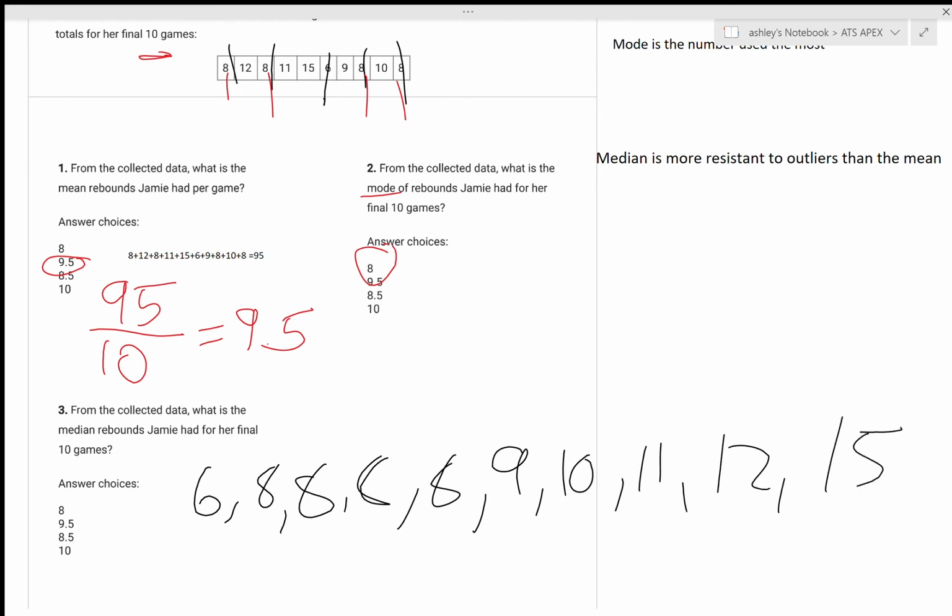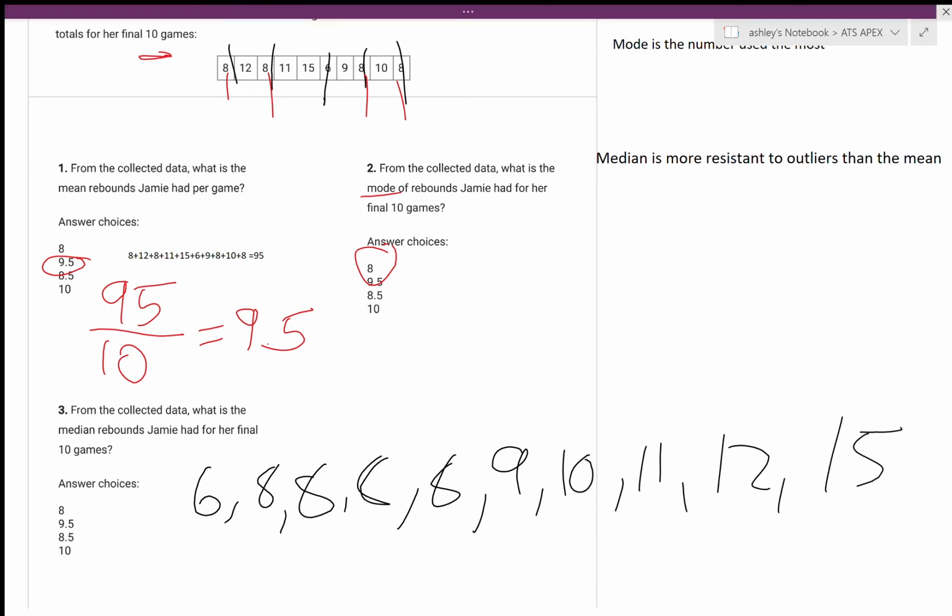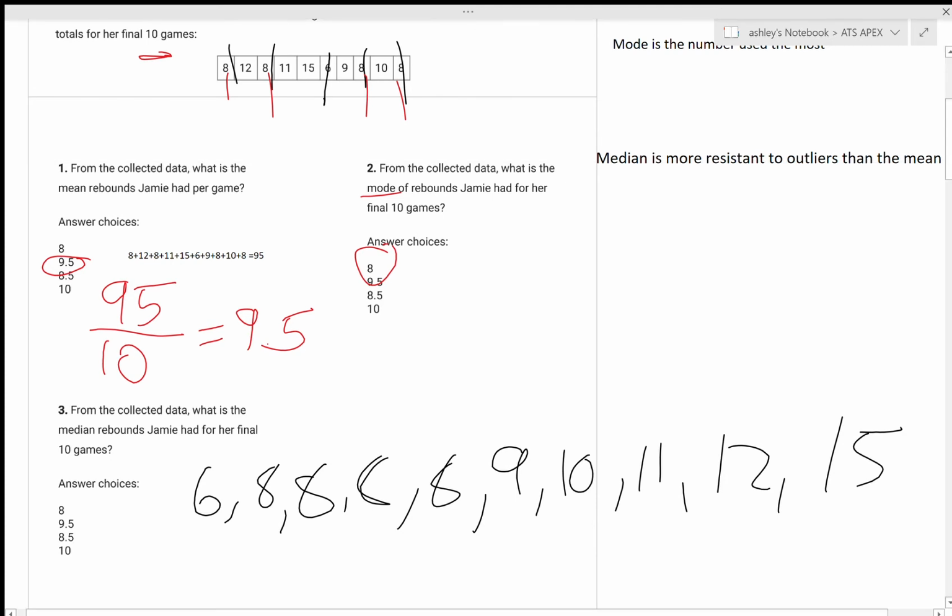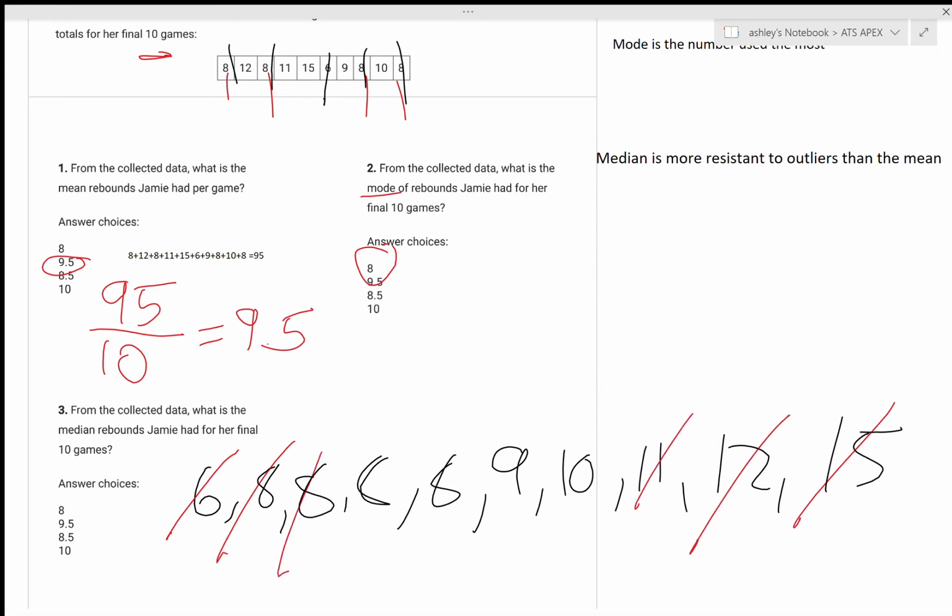Okay? Now to find the number in the middle, what I do is I work from both ends. I take out the smallest and the biggest. Next smallest, next biggest. Next smallest, next biggest. Next smallest, next biggest. In this situation, because I have an even number of data, I have 2 numbers in the middle. If it was odd, if this was only 9 games, we'd have 1 answer and we'd be done.